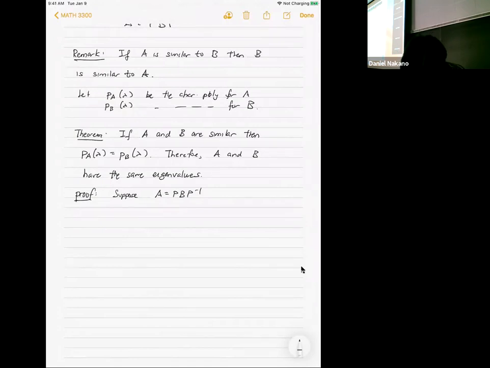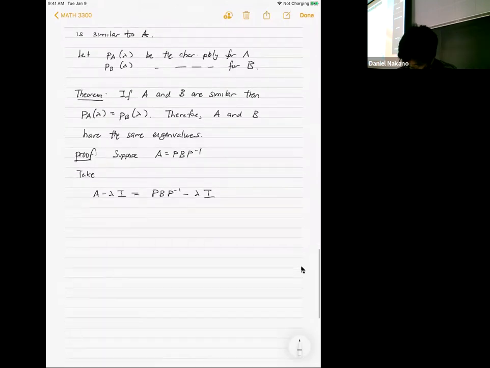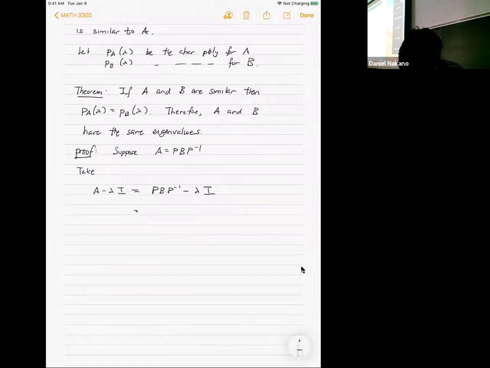So A minus lambda times the identity equals P B P inverse minus lambda times the identity. I'm just subtracting lambda identity on both sides of that equation. Now you can write the identity as P times P inverse, so this is equal to P B P inverse minus lambda times P P inverse.